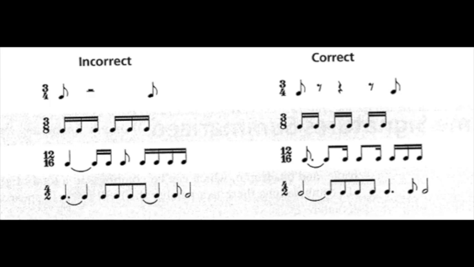So what you see as the correct version is, instead of a half rest, an 8th rest, a quarter rest, and an 8th rest. So we want to complete those 3 main beats. We have an 8th note and an 8th rest. That's our first beat.